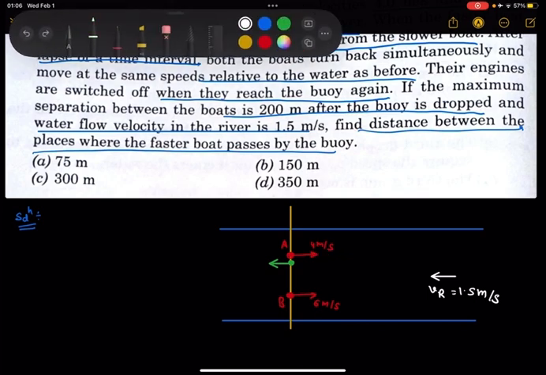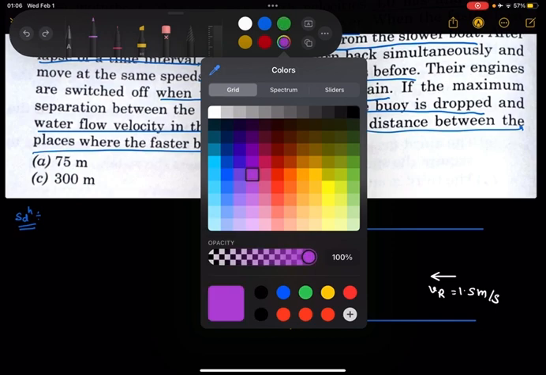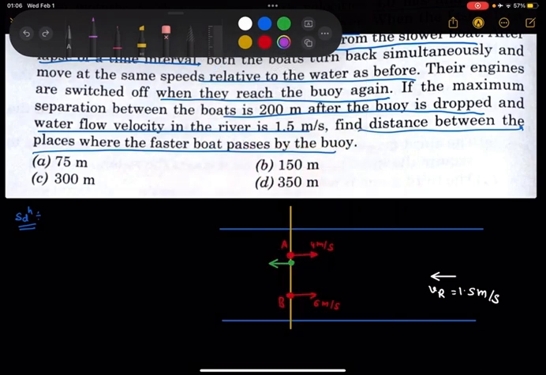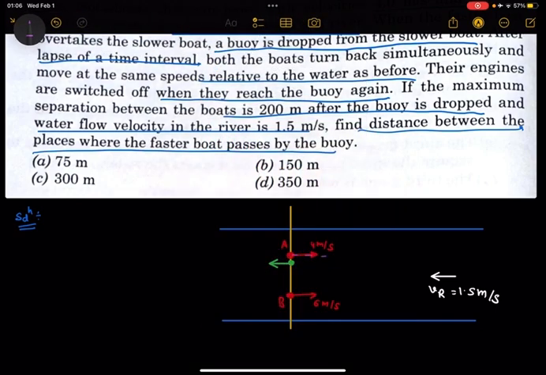So at this time, the slower boat is covering some distance. For better understanding, I am taking different colors. So this is the distance covered by boat A, and at the same time boat B is faster, so it is going somewhere. Once they reach some distance, they start returning.